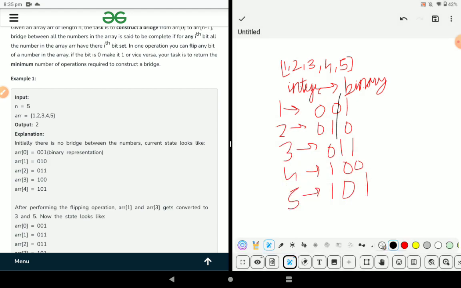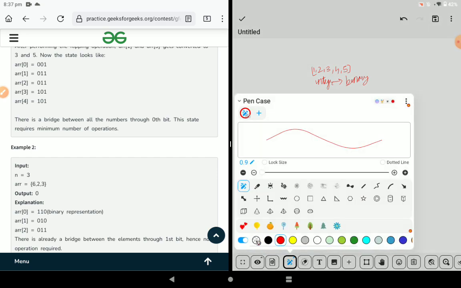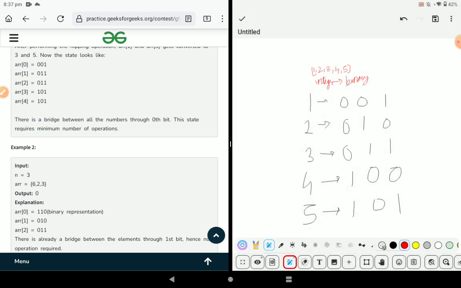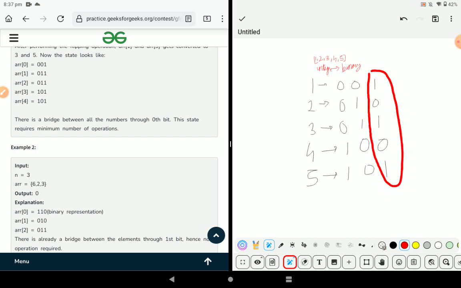So basically what we have to do is create a bridge of numbers. Let's make it more pretty. Here I have rewritten the numbers in their original form. So first we have to count the bits.